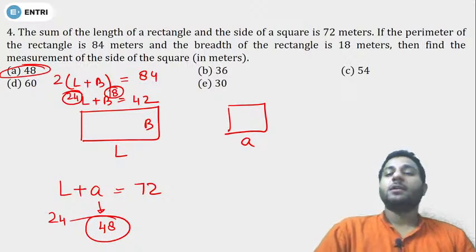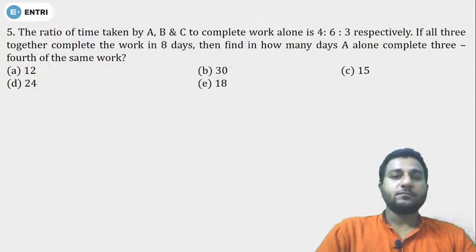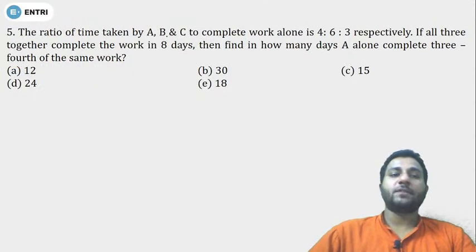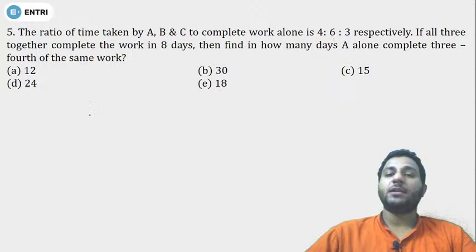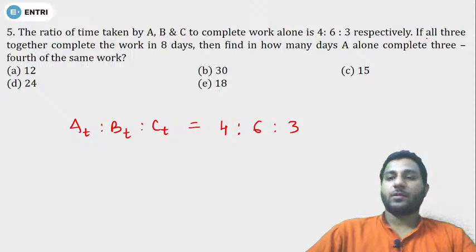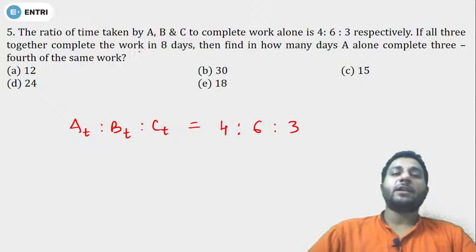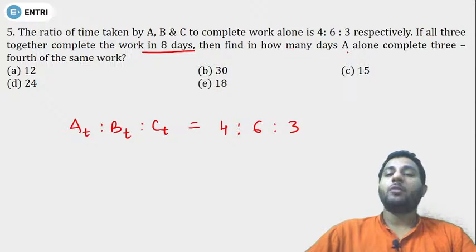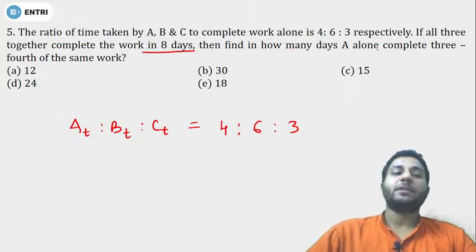Now next, the ratio of the time taken by A, B, C to complete. So A's time, B's time and C's time are in the ratio 4, 6 and 3. Okay. If all three together complete a work in 8 days, then find in how many days A alone completes the 3/4 of the same work.